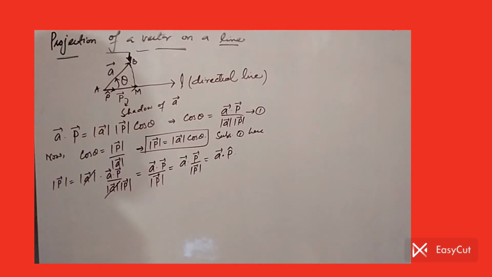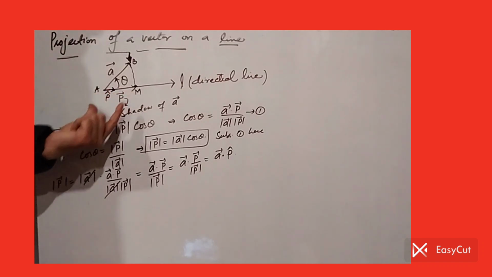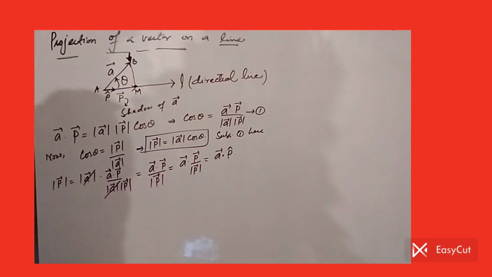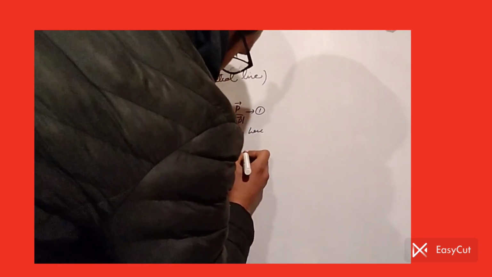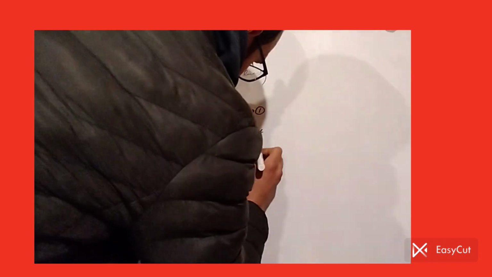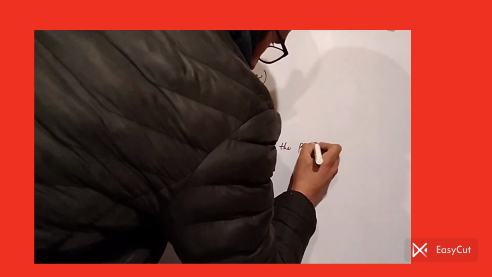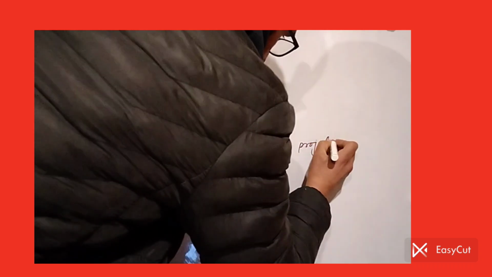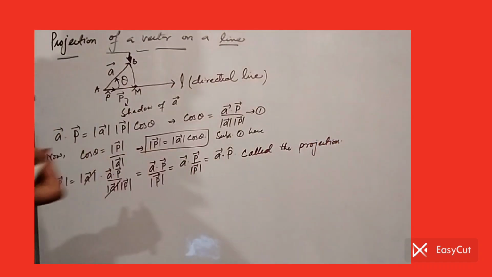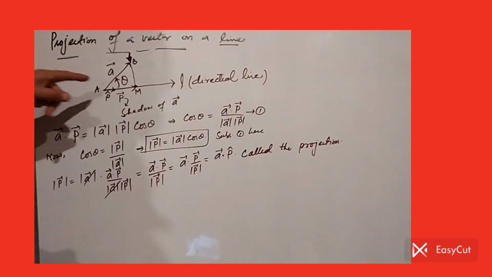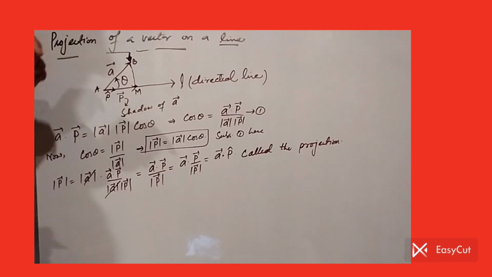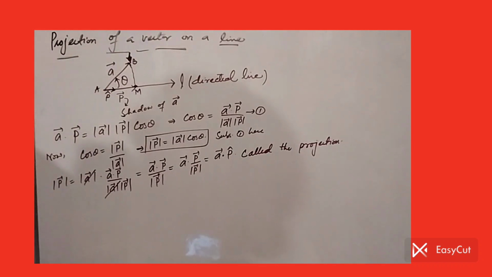So the magnitude of this projection is a dot p, and we know that dot product is always a scalar, so this is called the projection of vector A, and this vector p is called the projection vector on the directed line L.